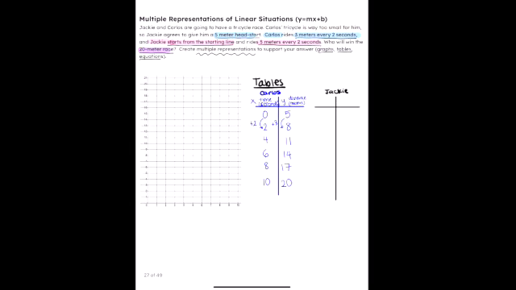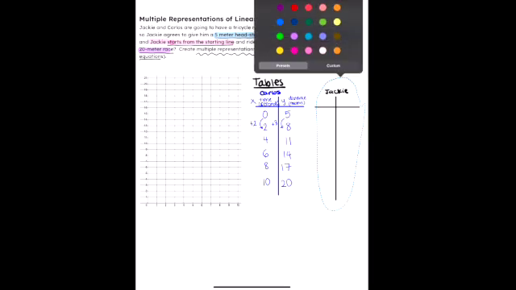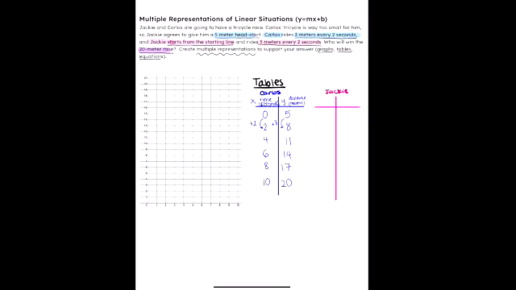Next, we're going to look at Jackie. So I'm going to use pink for Jackie. These are going to represent the same things. I'm not going to rewrite time and distance, I'm just going to use x and y. So they tell us that she started from the starting line. That means that after 0 seconds, she was just at 0. But she's going a little faster.